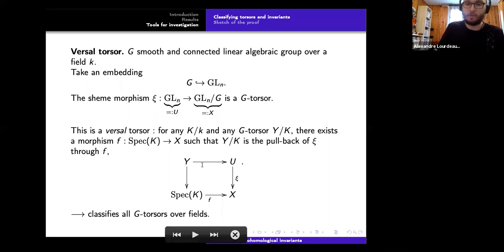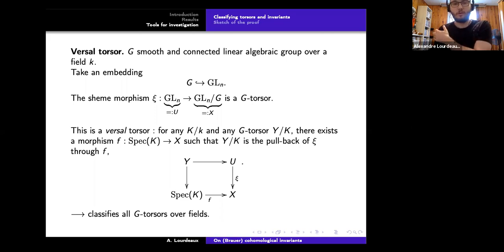So we have a Cartesian diagram here. And so this is a versal torsor because the morphism xi classifies all G-torsors over fields.